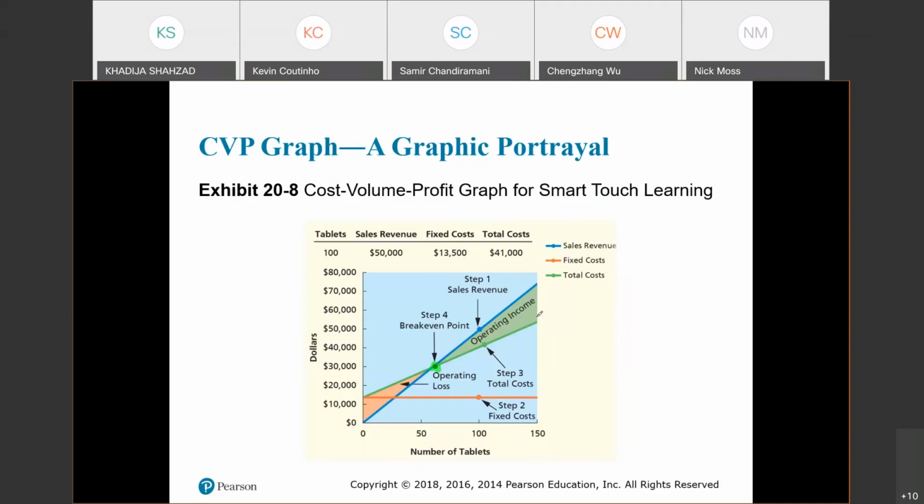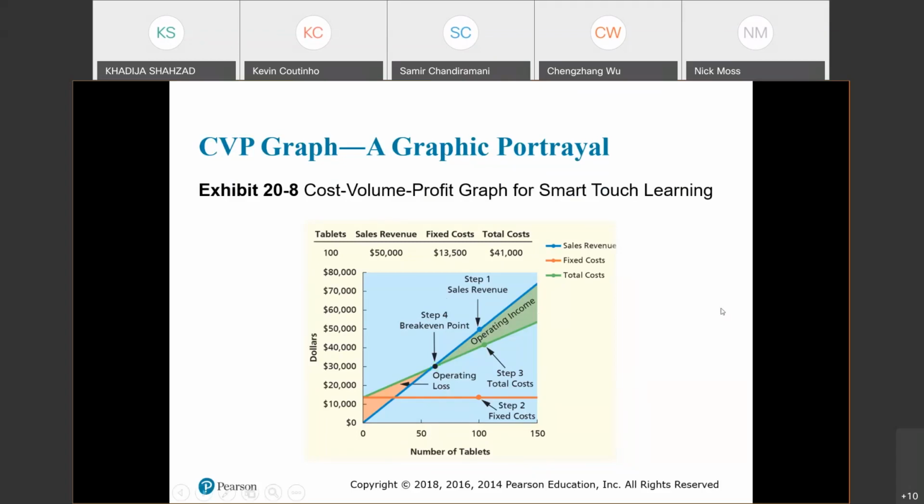So at this point, the required sales can be expressed as either the number of units or a total dollar figure. Our purpose is to know how much the break-even point is, either in dollar amount or in number of units.